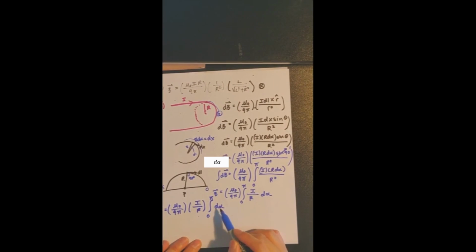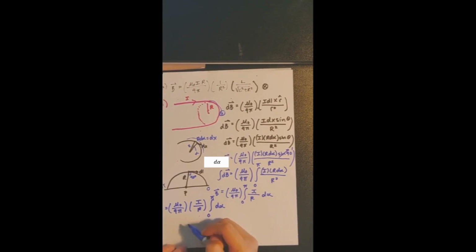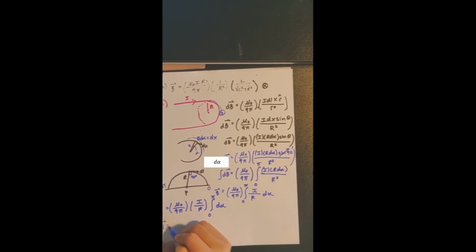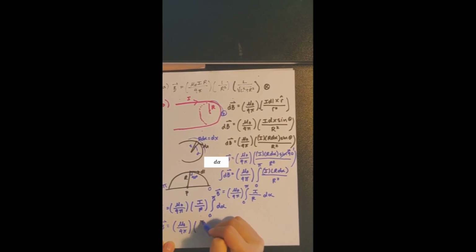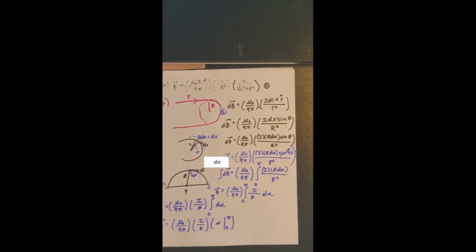And this integral will obviously just be pi, because we're going to be left with, let me write it down, alpha from 0 to pi, and this would then just be equal to mu naught over 4 pi, I over r, times pi.